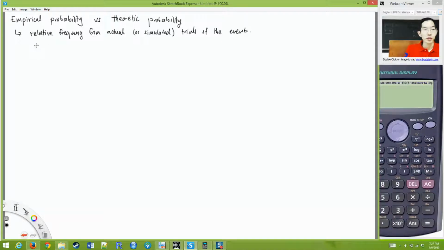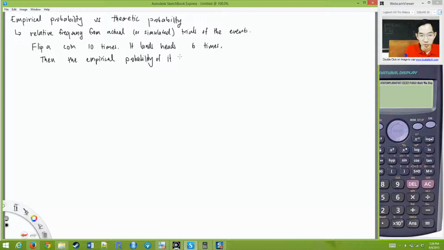Okay, so if you flip a coin 10 times and it lands heads 6 times, then the empirical probability of it landing heads is equal to 6 out of 10, or 60%, or 0.6. Okay, so that would be your empirical probability.